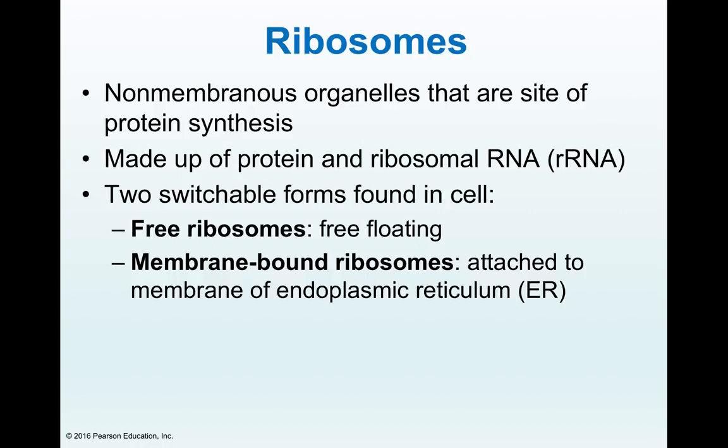These ribosomes can be free-floating within the cytoplasm, and they're referred to as free ribosomes. If those ribosomes are attached to a structure known as endoplasmic reticulum, we refer to them as membrane-bound ribosomes.